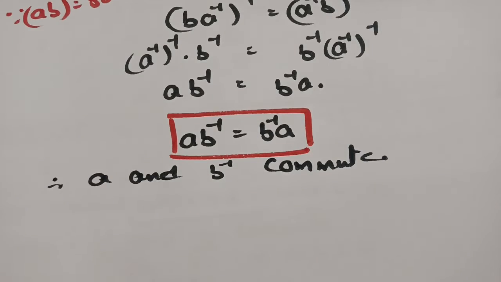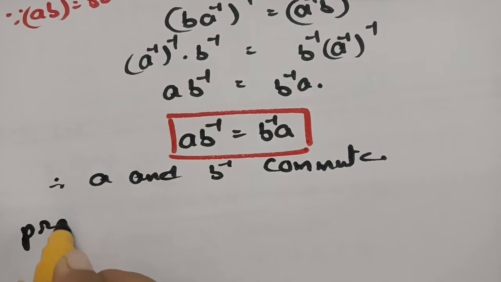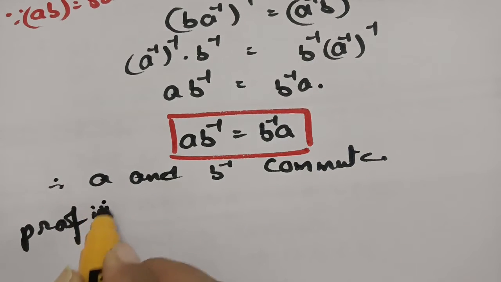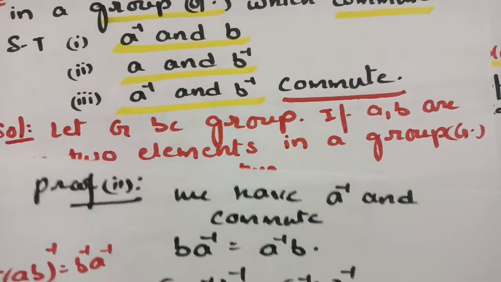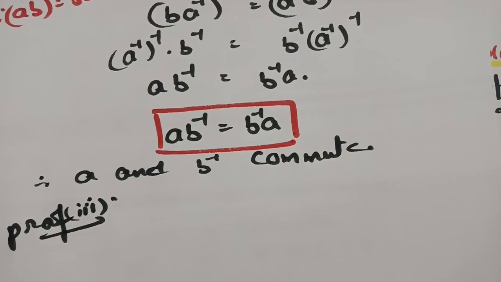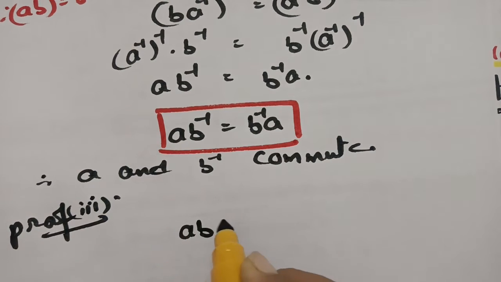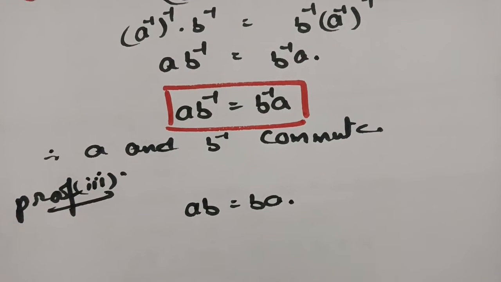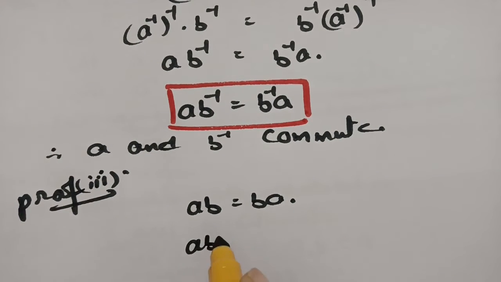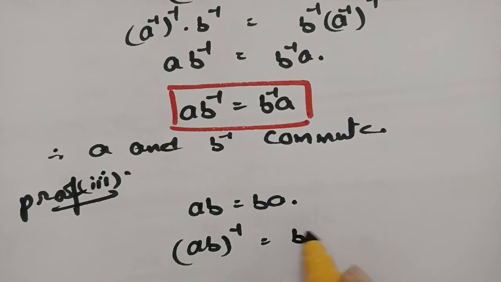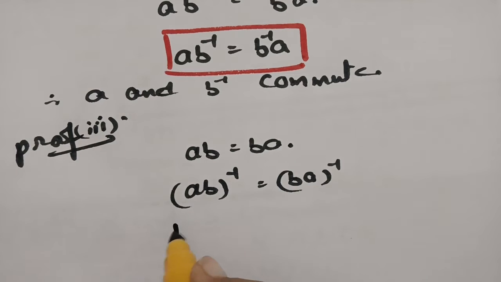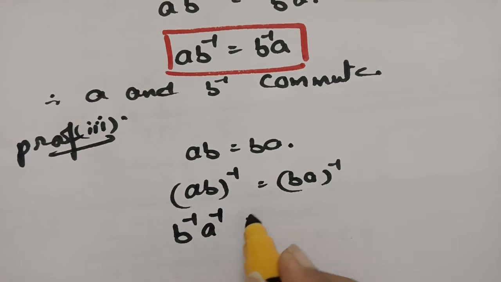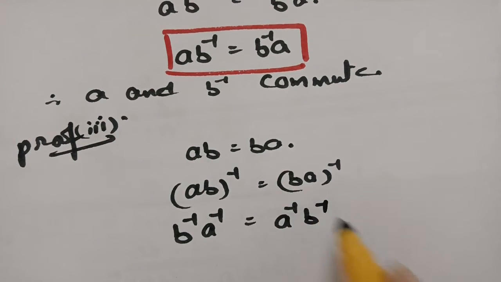And the next one, proof 3, we have to show that A inverse and B inverse commute. As we have AB is equal to BA, if I take inverse on both sides, (AB) whole inverse is equal to (BA) whole inverse, and according to our formula this will be B inverse into A inverse and this is A inverse into B inverse.